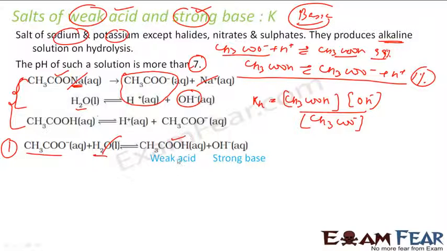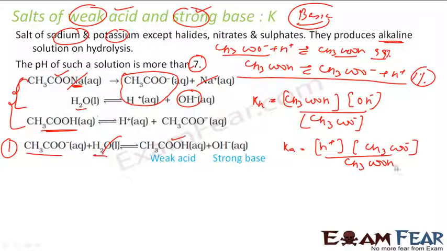Here CH3COOH is a weak acid and I have a strong base, and thus the whole solution is basic. Now this is the weak acid, and it dissociates. For this reaction I can write Ka also. Ka will be the H plus concentration times the CH3COO minus concentration divided by CH3COOH.